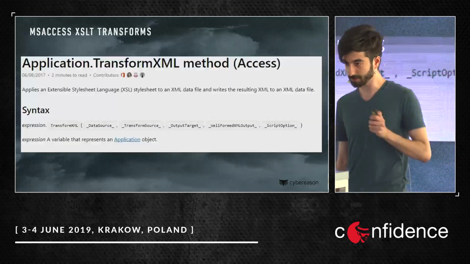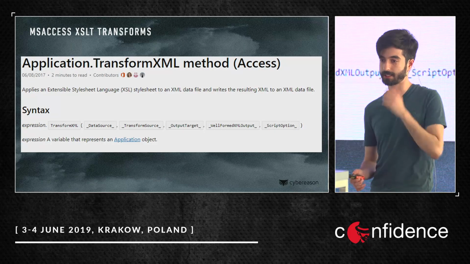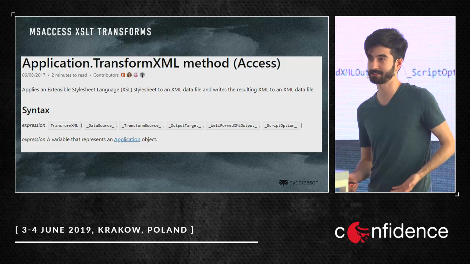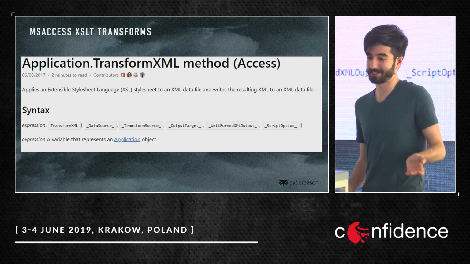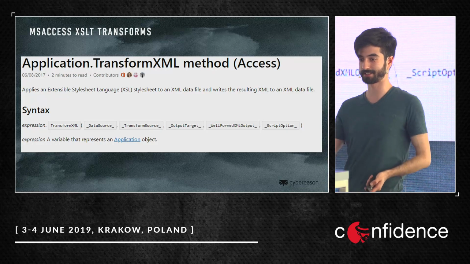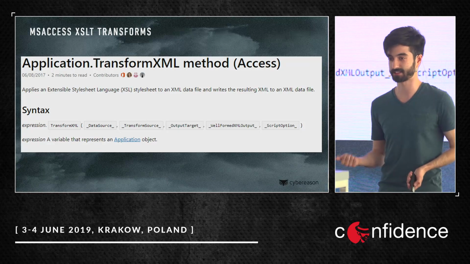Awesome. So one way to do this is by using the Application.TransformXML method of Microsoft Access. Yes, there's a lot of Office in this talk. What it does, as you may guess, is just take an XML file, take an XSL transform, and apply the transform to the XML.